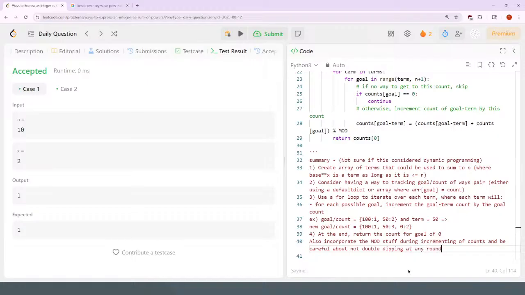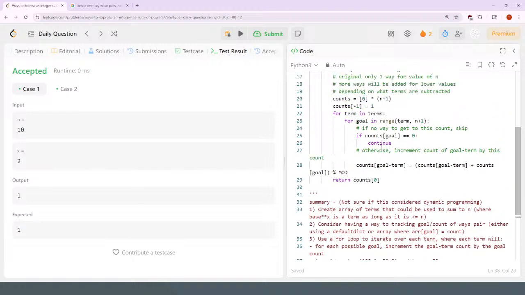So for instance, I can't just do 100 minus 50 and say there's 3 ways to get to 50, and then say there's now 50 minus 50 and there's 3 ways to get to 0. You have to worry about that correctly.